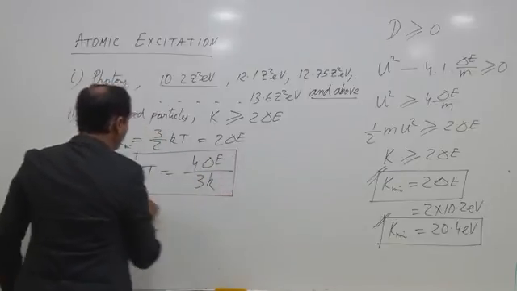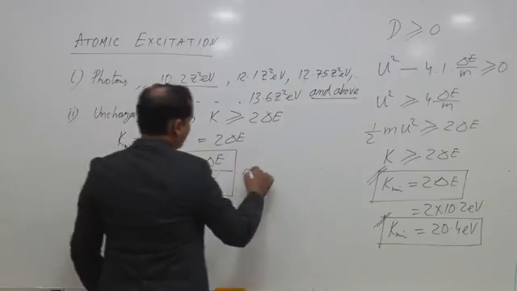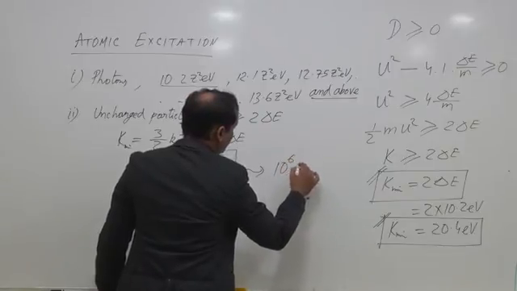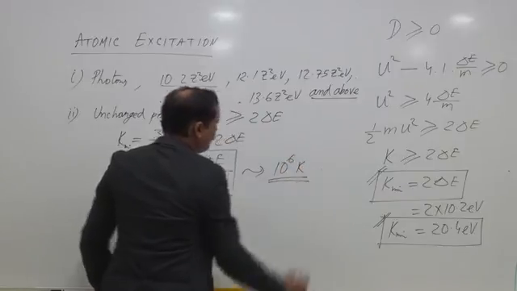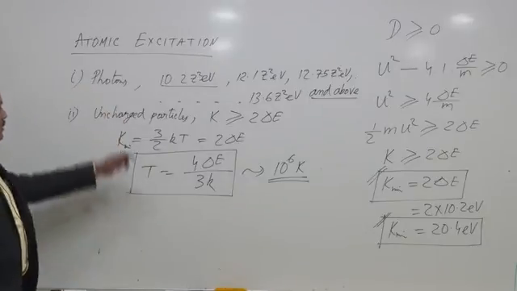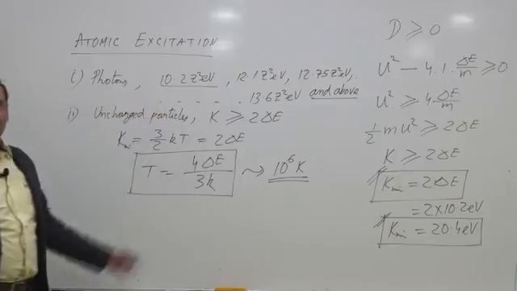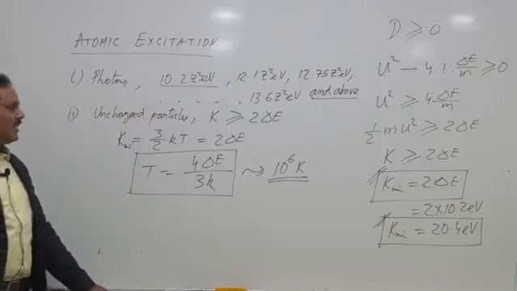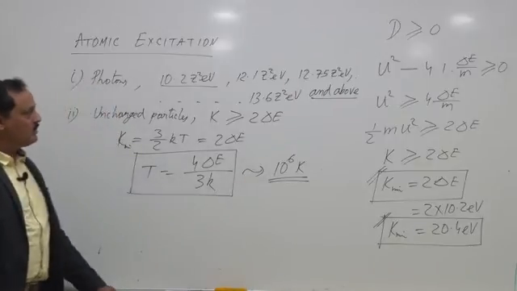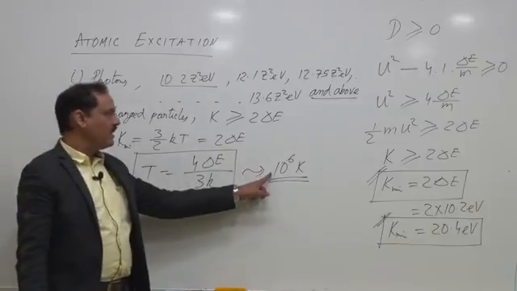This is the order of temperature, and the temperature is of the order of 10 to the power 6, 10 to the power 7 Kelvin. So the temperature is very high. So atomic excitation by uncharged particles is not possible at ordinary temperature, it requires very high temperature. On earth it is not possible, it might be possible inside the sun where the temperature is very high.